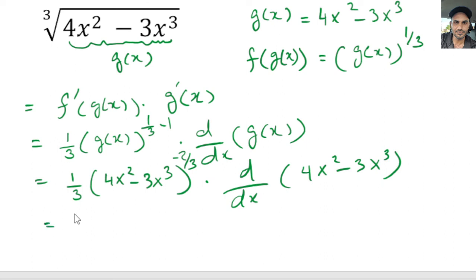Okay, so we have 1/3 times 4x squared minus 3x cubed to the negative 2/3, and then take the derivative of these terms inside.